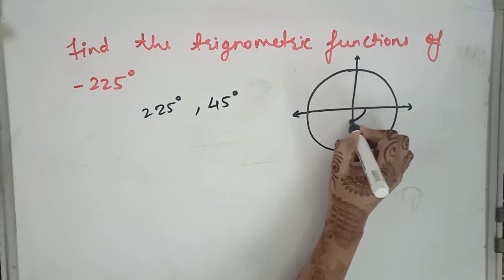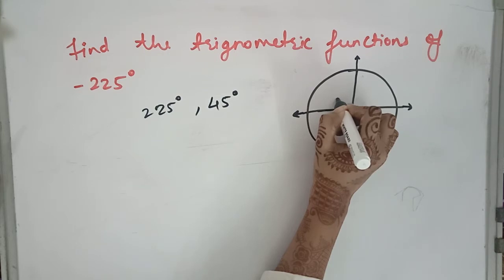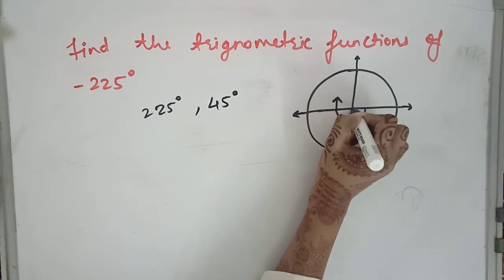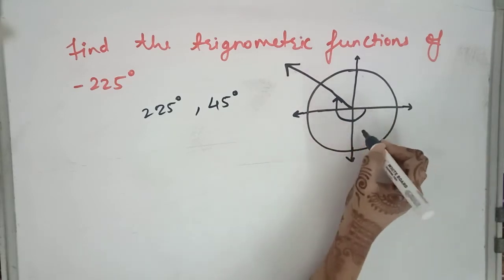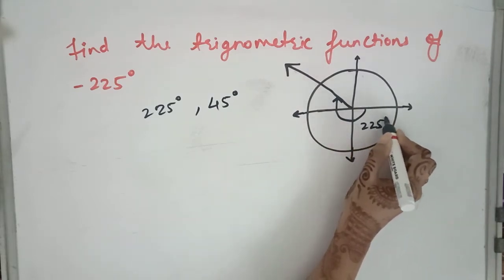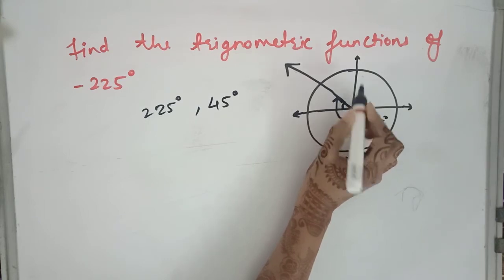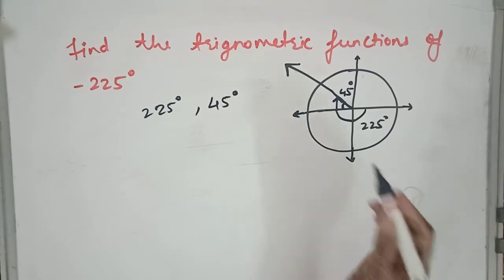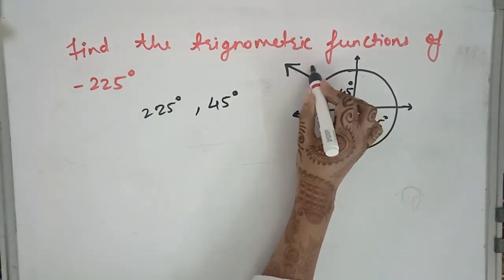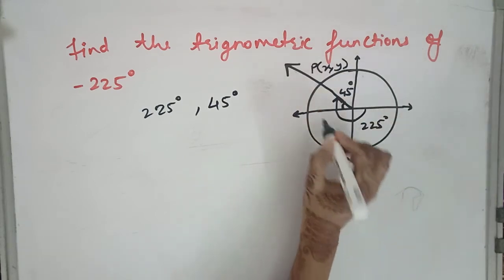This will be 90, 180. 180 plus 45 will be 225. So this angle will be 45 degrees. Okay, let's take this point as P, x comma y.